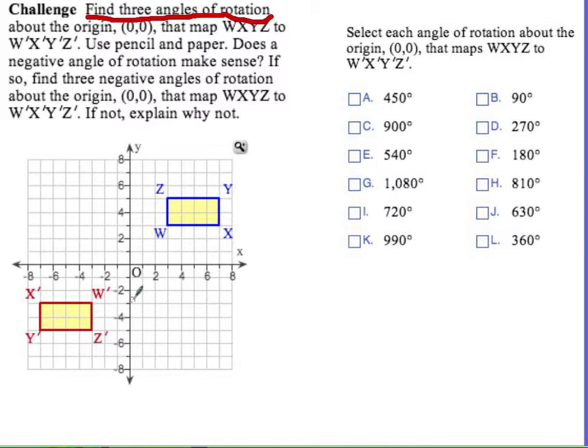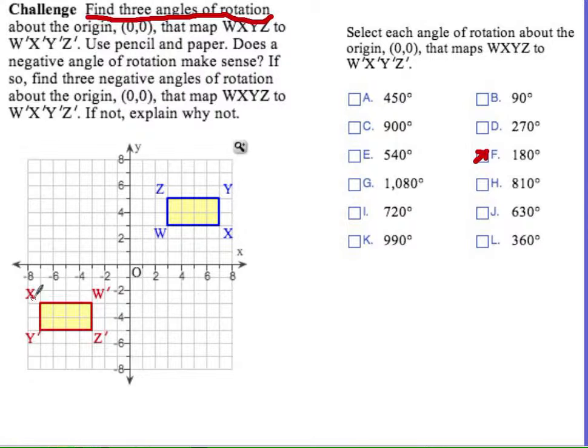W prime is at -3, -3. Just from that point alone, we know we're at a 180-degree rotation, because the numbers have not changed places, just the signs. So we already know that we're at 180. Now we need to find 3 more angles that will put us right back at this spot where the image is at.